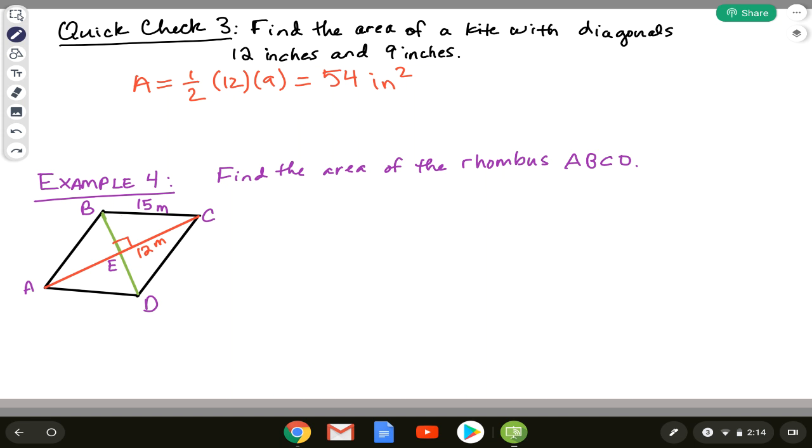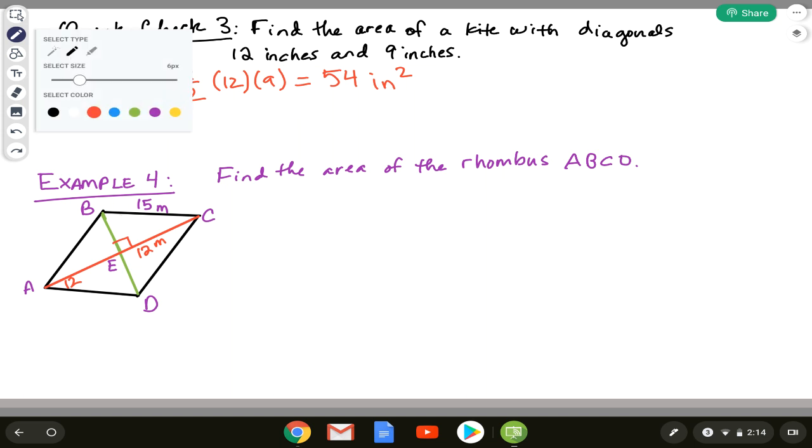And that will help me figure out what I need to know for the green diagonal that I don't have anything listed. So on AC, the red diagonal, since we know the diagonals of a parallelogram bisect each other and a rhombus is a parallelogram, I know that this other piece is also 12. Okay, but the green one I have no information on.